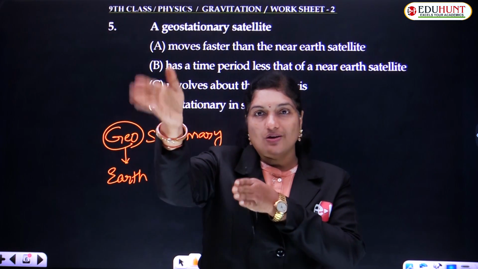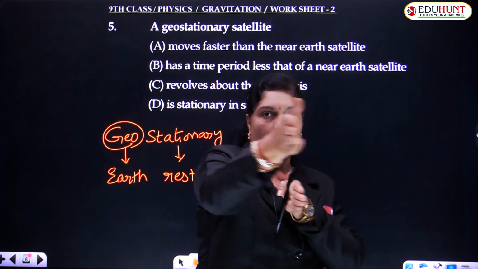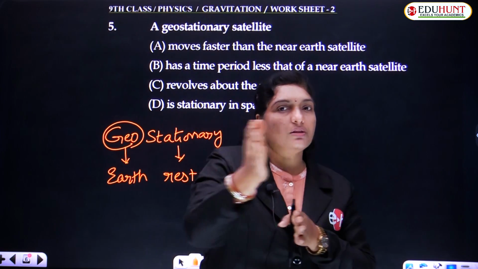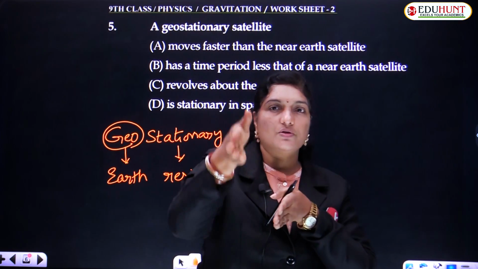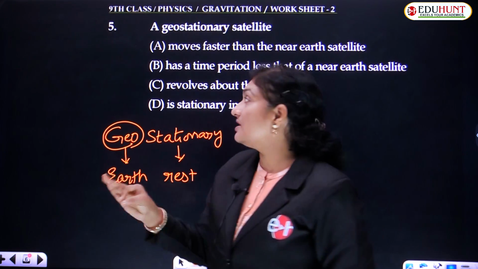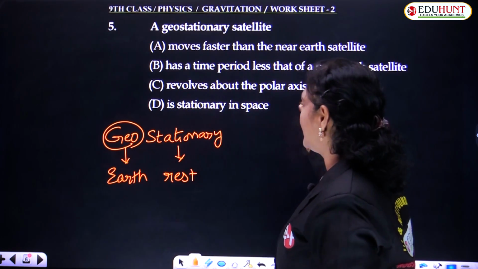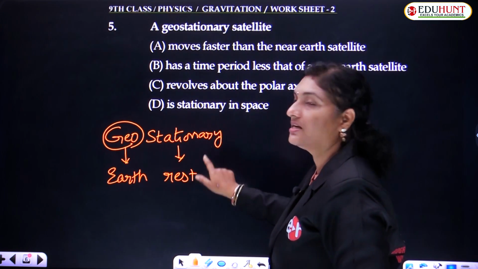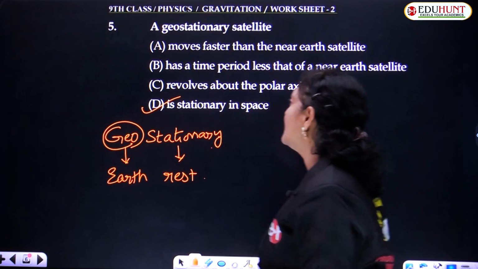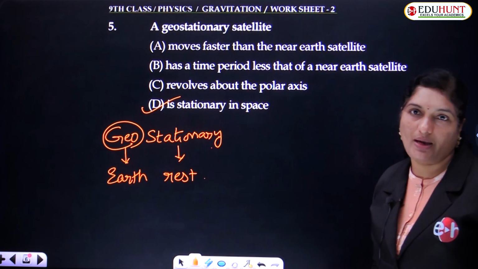So if you observe those satellites from the surface of the earth, they both move with the same speed. So when they both move with the same speed, we observe as if it is at rest. So geostationary satellites indicates that it is in stationary condition, stationary in space.